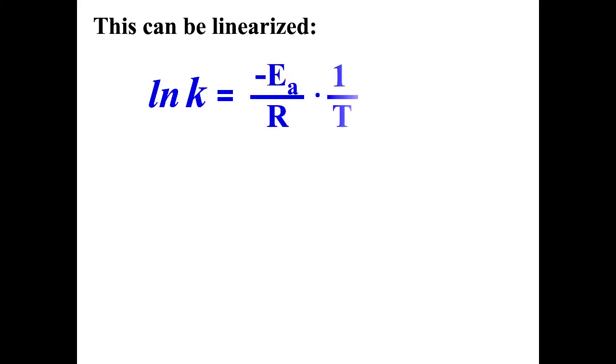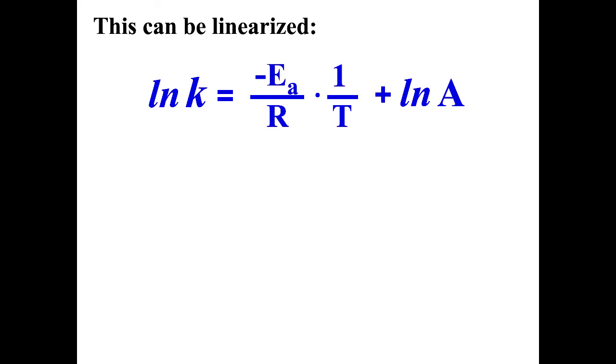We can do the same thing for the rate constant activation energy equation, the Arrhenius equation. If you take the natural log of both sides of this equation and then do a little bit of rearranging, you get the following: ln of k equals negative E sub A over R times 1 over T plus ln of A.